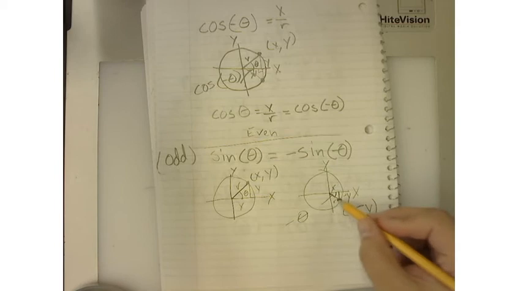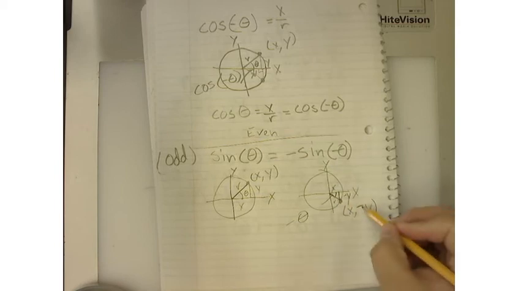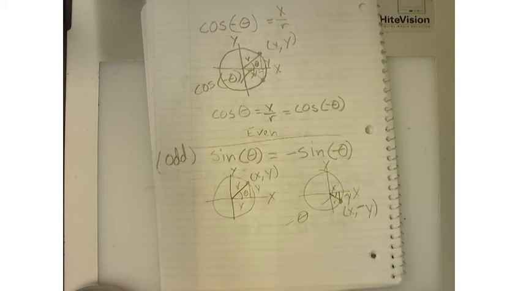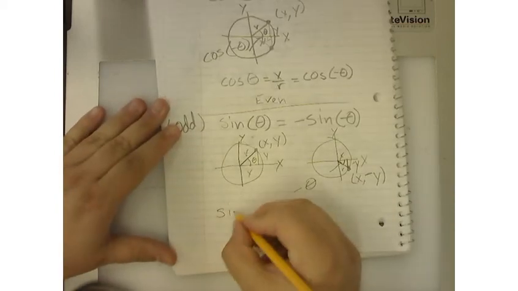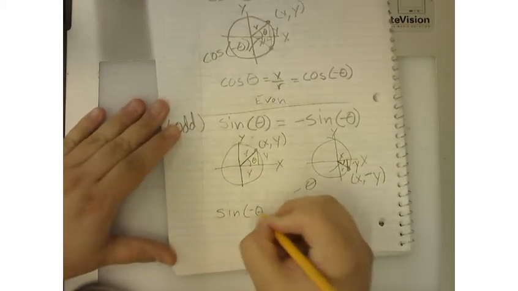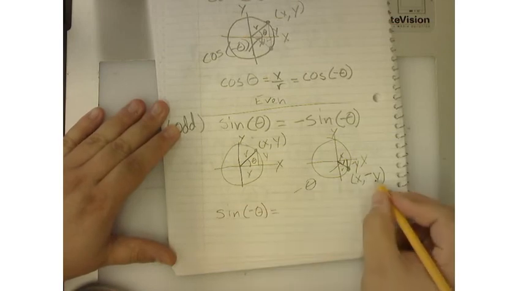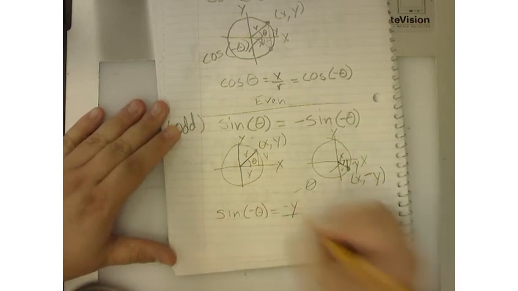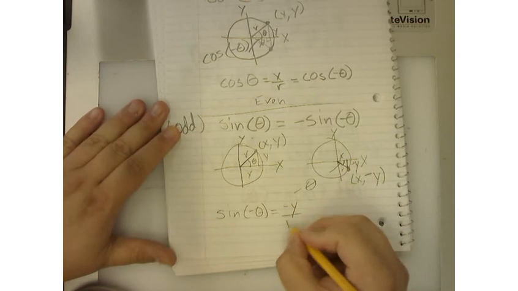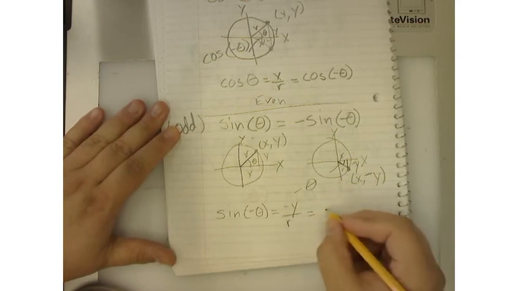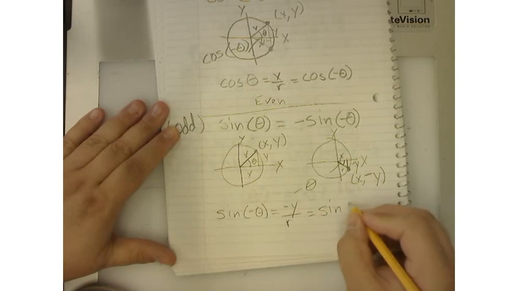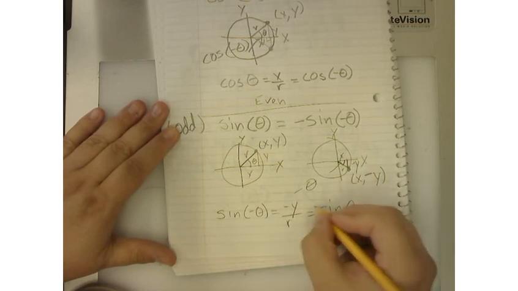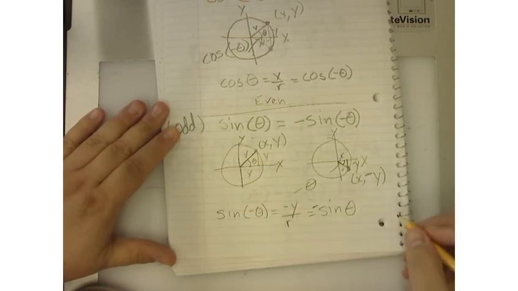My radius doesn't change. The only thing that changes is my y value is negative. So if I say sine of negative theta, I'm going to have negative y over r, which is the same as negative sine of theta if I toss that negative value to the front, right?